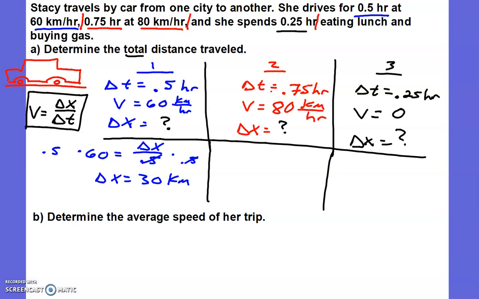I'll do the same thing for the second part of the trip. My v is 80. My x is unknown, so that remains a variable. And my time is 0.75. I'm going to multiply each side by 0.75 to get rid of the 0.75 on this side. Here they cancel out, and I get that my x in this case comes out to be 60 kilometers.